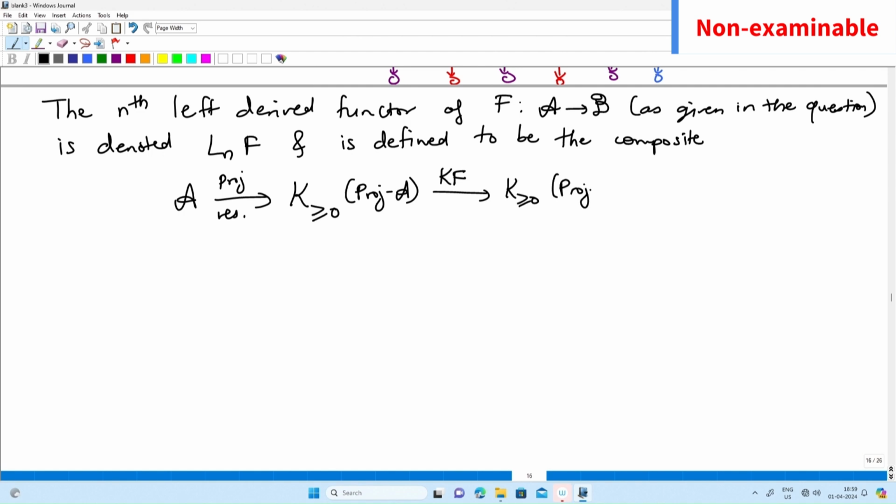Here something needs to be shown, that projective modules go to projective modules under an additive functor, of an additive functor. I'm just highlighting, and then you take the nth homology from here to B. The homology functor actually factors through this.